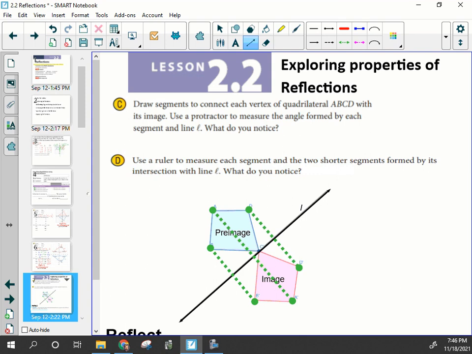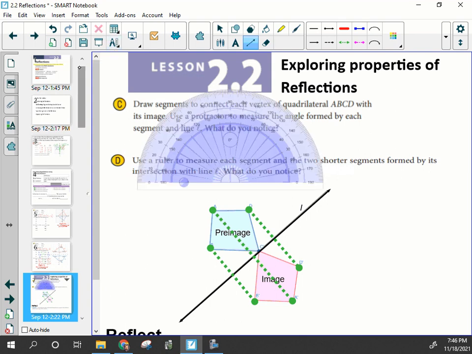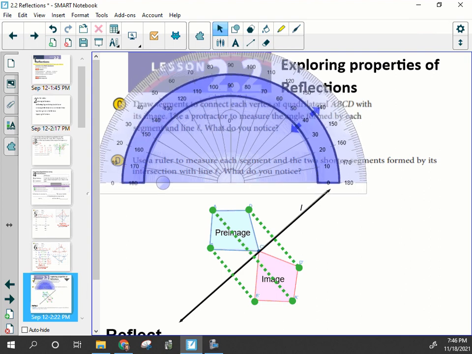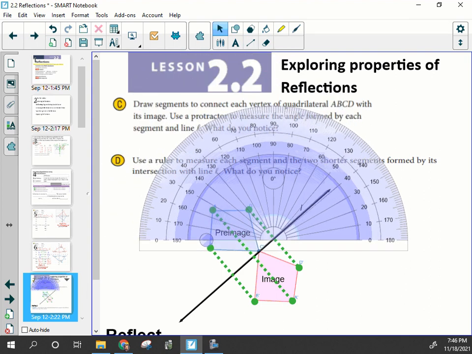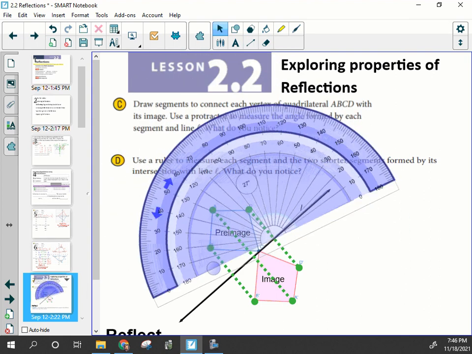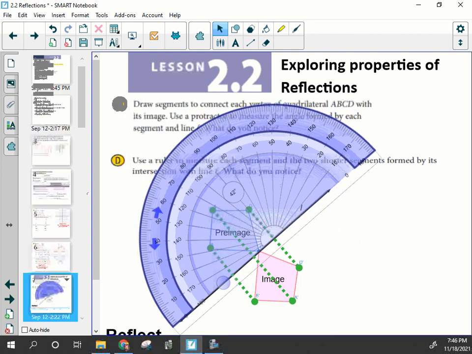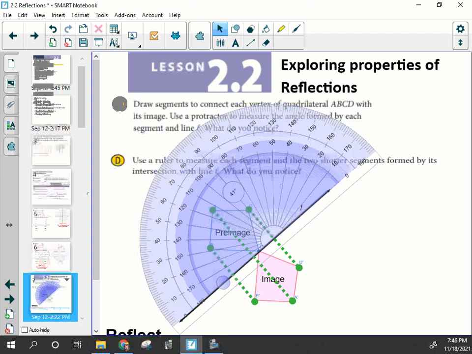It then says use a protractor to measure the angle formed by each segment and line L. If I get out my protractor here, and I bring it down, and rotate it here, what you will notice is that I've got it on the edge.